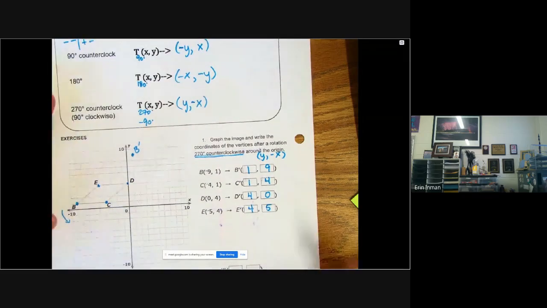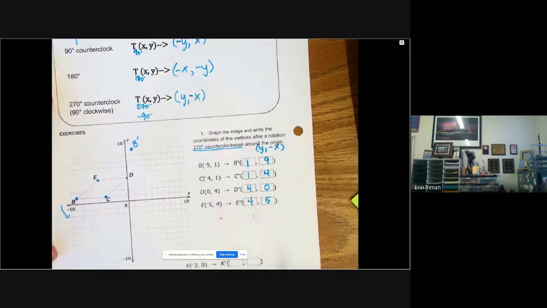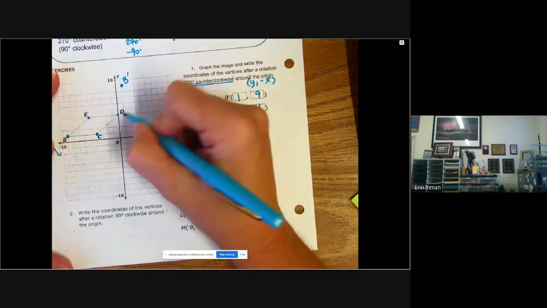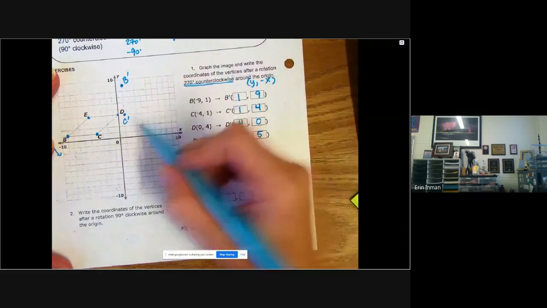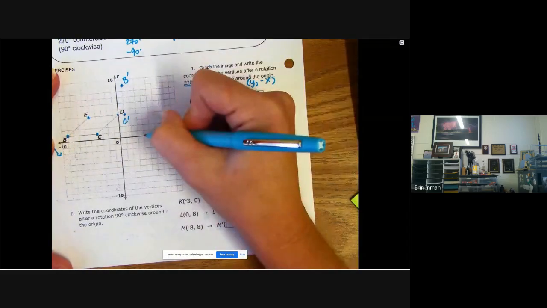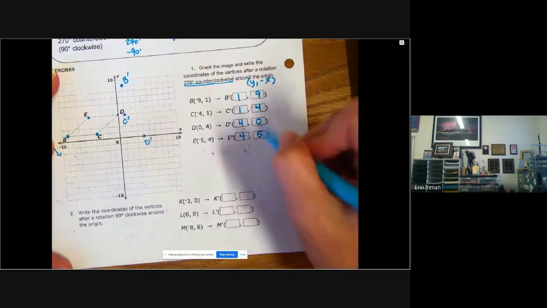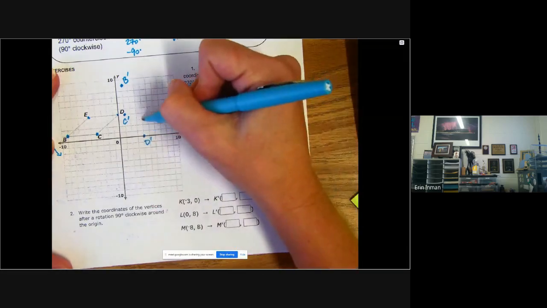All right, so now let's plot our points, and you can go ahead and do that. And then check your PDF. I think this one, C, ends up being right there. Let's see, 4, 0, 1, 2, 3, 4. D prime, and then 4, 5. 1, 2, 3, 4, 5.